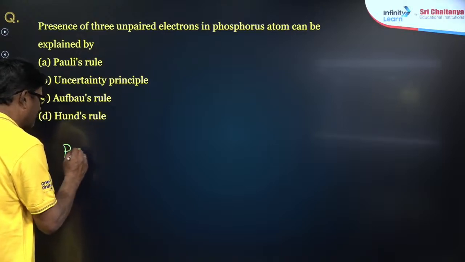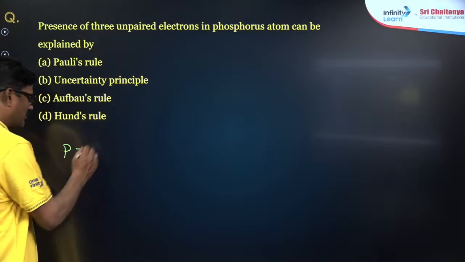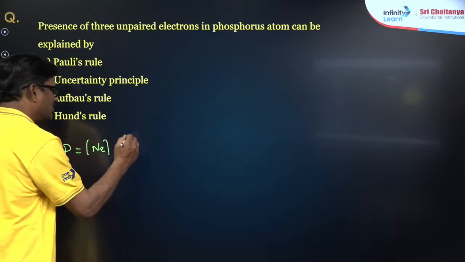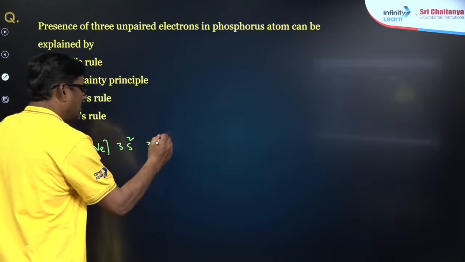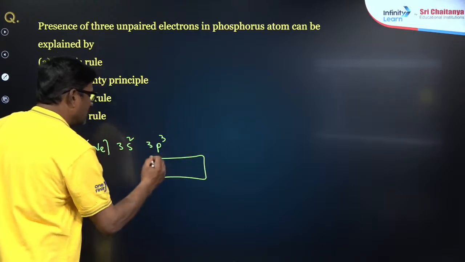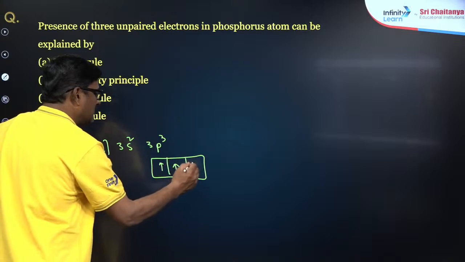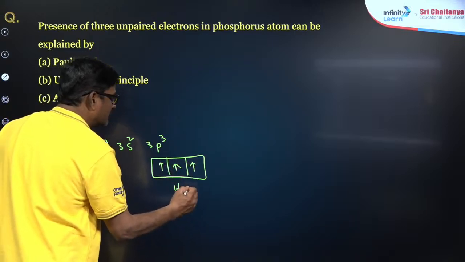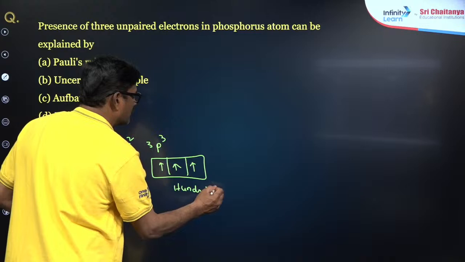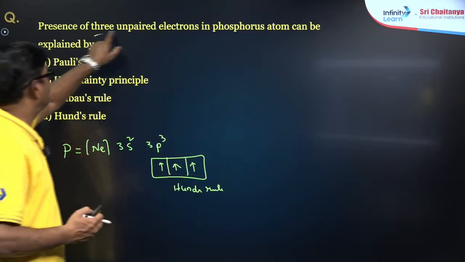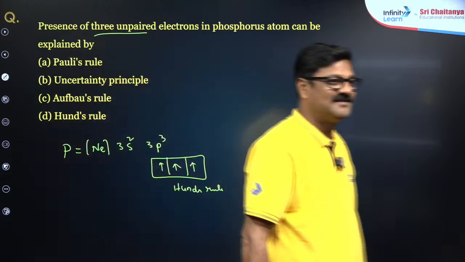The electronic configuration of phosphorus is going to be neon 3s2 3p3. So in 3p3 electronic configuration, first, second, third, Hund's rule. Then only 3 unpaired electrons can come.